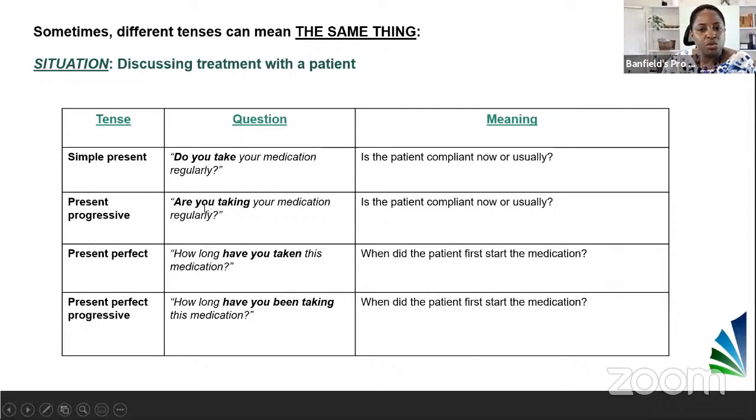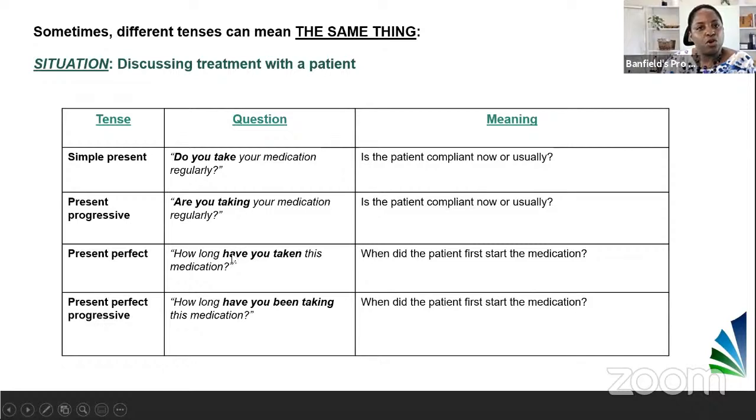So here it's you are, but we switch it because it's a question. Are you taking your medication? Present perfect, how do we form it? We form it with the present tense of have, which is I have, you have, he, she, it has, we have, they have.